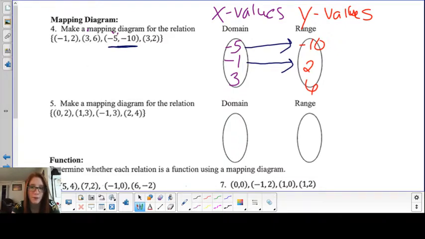When I plug in 3, my answer is 6 and 2. So this is why we want to only write each number once. We want to see which ones have repeats, not based on simply writing them twice, but writing them only once to see what happens, because it's going to tell me something in a little bit. Hint, it's going to do something with that word function.